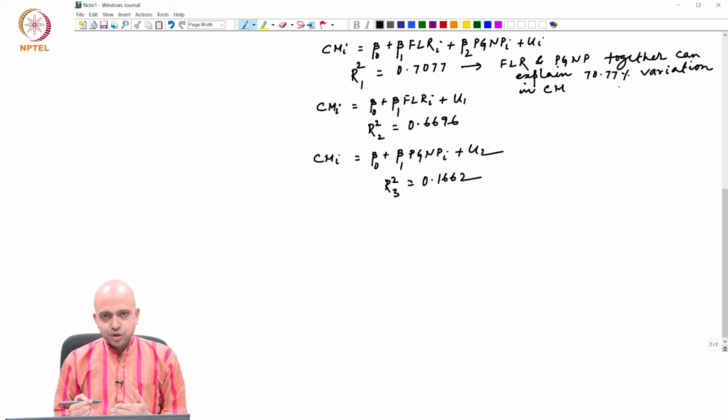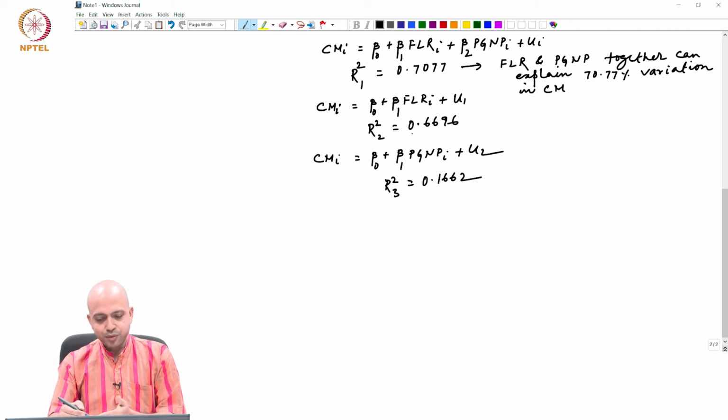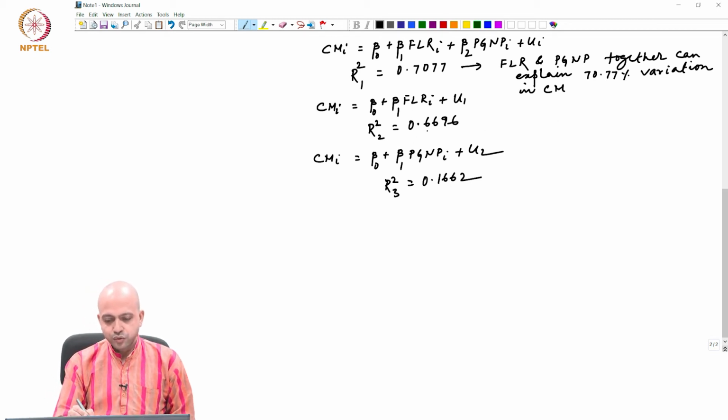So, if we would like to allocate this 70.77% among these two variables, when we include FLR in the model, we see that 66.96% variation is explained by FLR itself. So, 70.77 minus this percentage should be explained by PGNP, but actually PGNP is explaining much more than that.